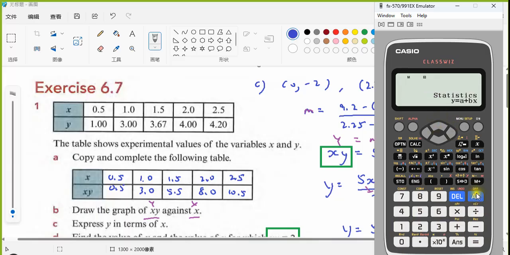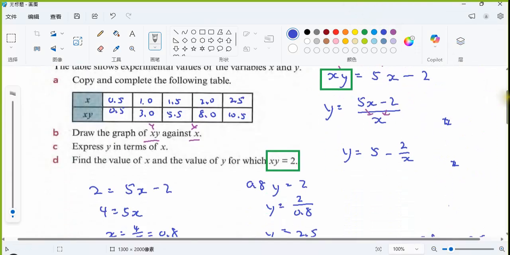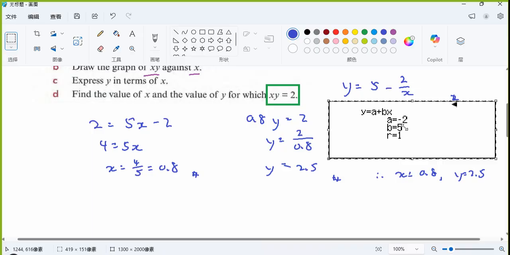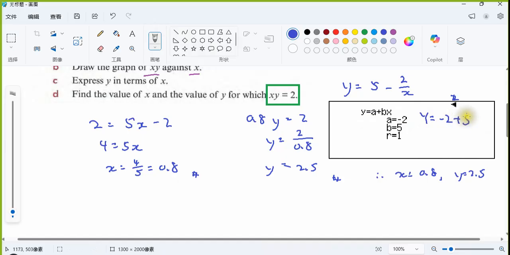So after we key in, we press AC, and then we press option number 3, regression. So the calculator will give us this: capital Y equal to negative 2 plus 5 capital X. So xy equal to 5x minus 2.